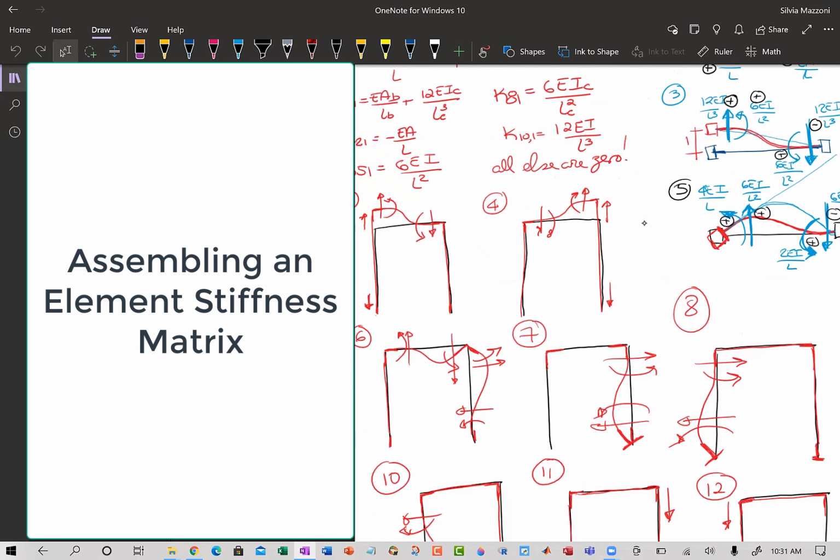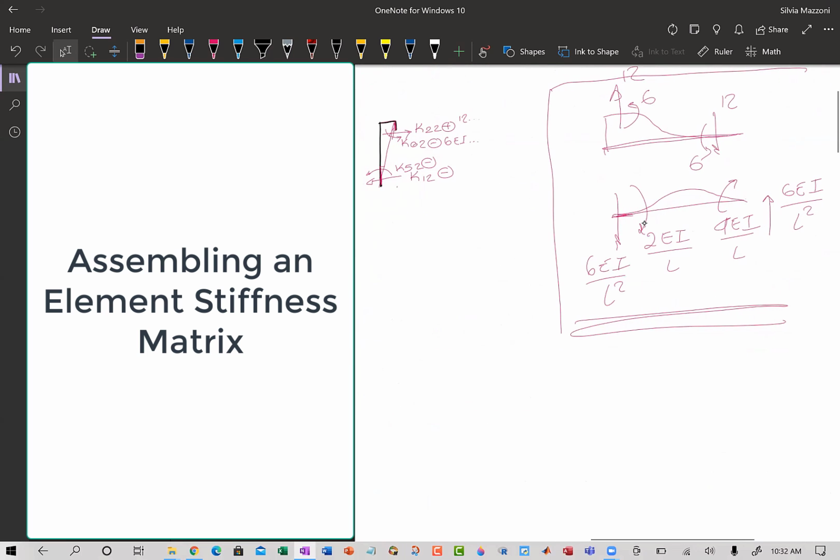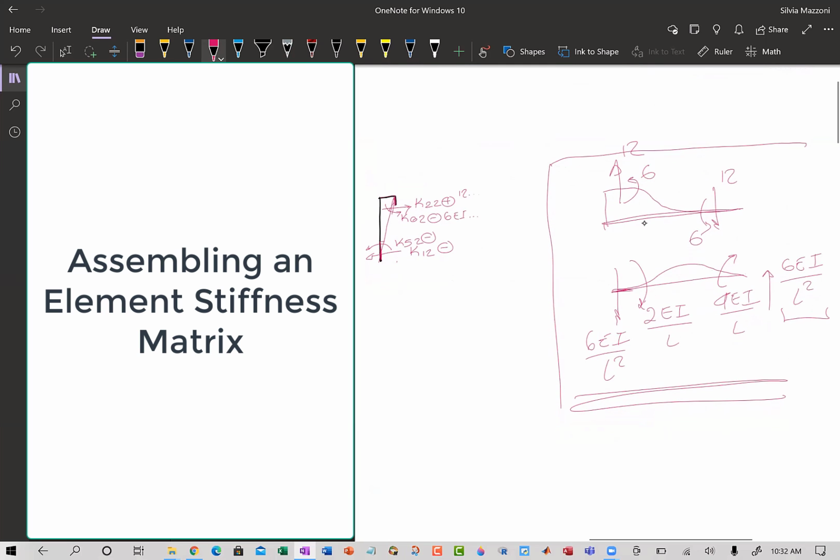Okay. So we go back here. The value was from here. It's a 6 EI over L squared. Okay. And remember, the way I remember it is the value that associates, so let me put, yeah, these were 12 EI over L cubed. This is 6 EI over L squared. So the way I remember is the 12 EI over L cubed is a force to translation, right?